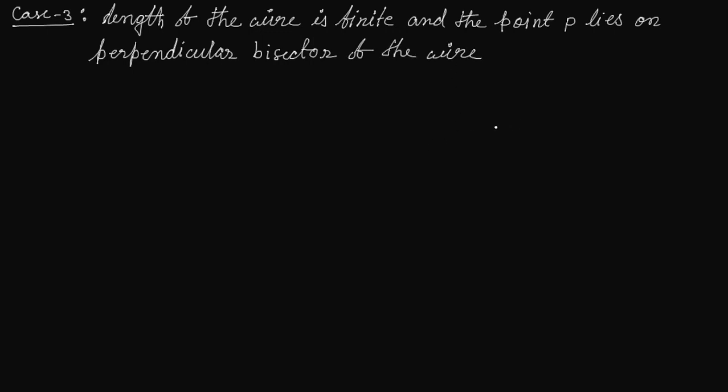Okay, so let me draw again this figure. This is z-axis, this is y-axis. Want to calculate at this point. Now this point is on the bisector. That means this y-axis is actually perpendicular bisector of this length.